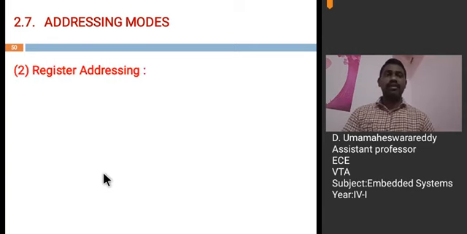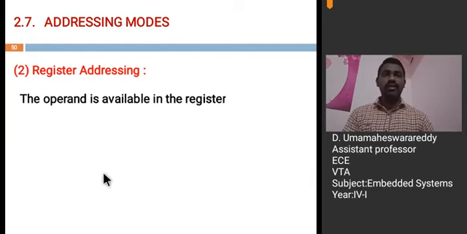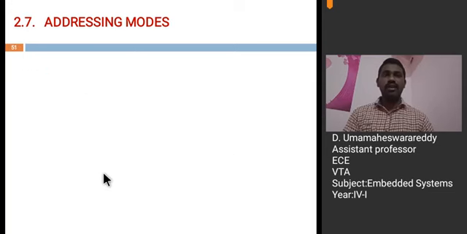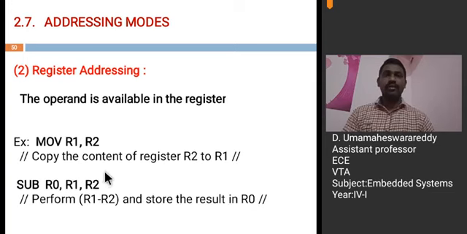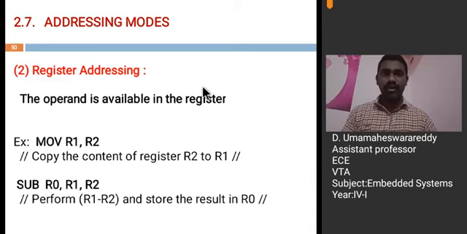Next one, register addressing. Register addressing indicates that both the operands present in the instruction are registers only. If both the operands are registers only, then it is called a register addressing mode. See here, for example, MOV R1, R2.